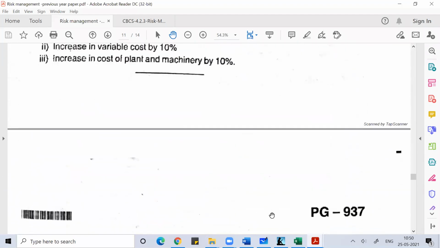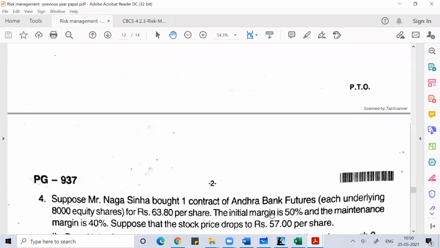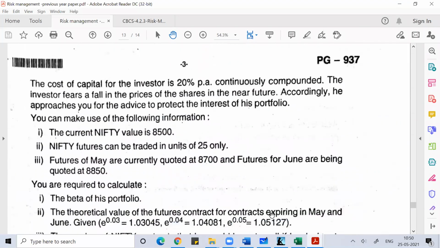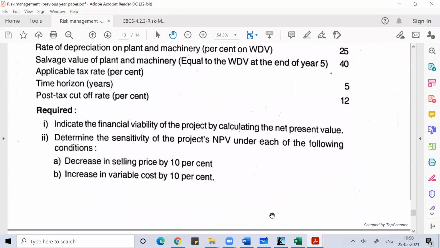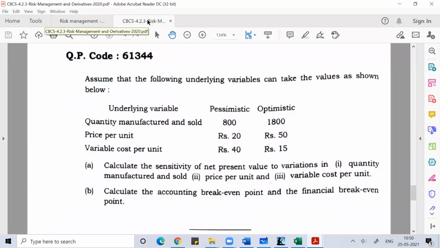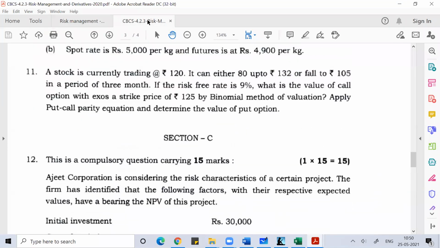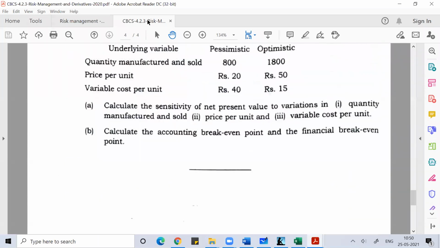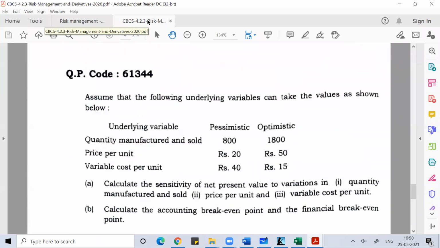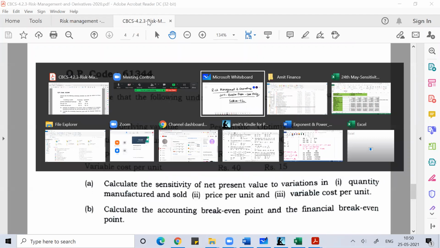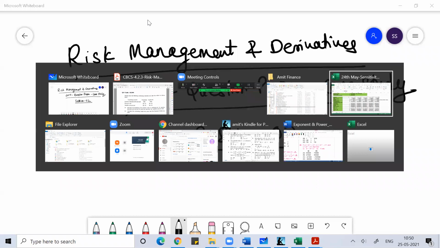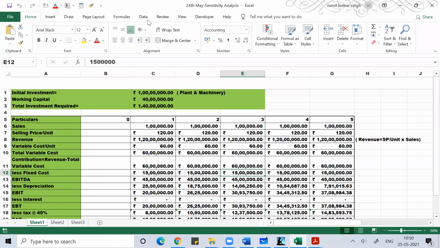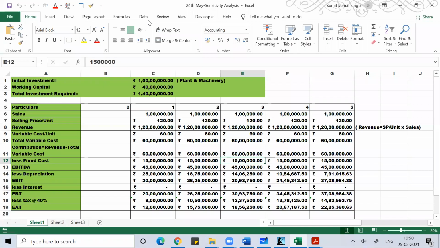The same question got repeated in 2016, and the same question came in 2020 also. So with this, you can understand the importance of this topic called sensitivity analysis. And yesterday, while discussing the problem, I really suggest everyone to refer to our session of yesterday to go through today's session.